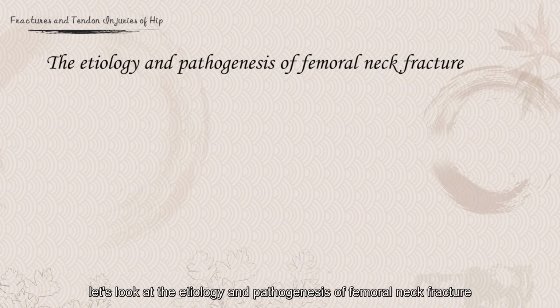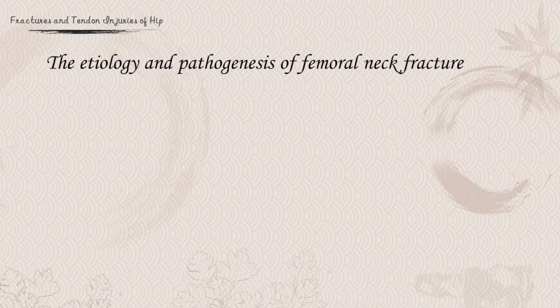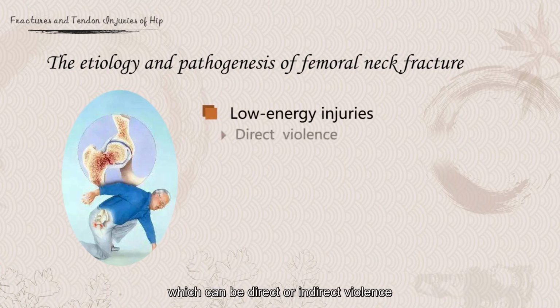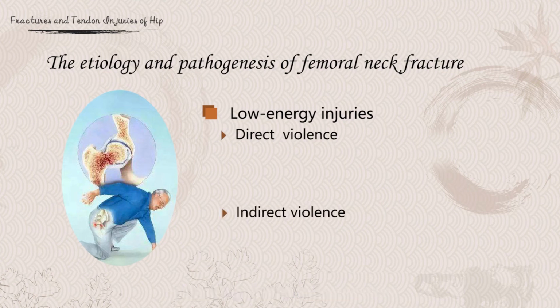Secondly, let's look at the etiology and pathogenesis of femoral neck fracture. Elderly patients with femoral neck fractures usually come from low-energy injuries, which can be direct or indirect violence.